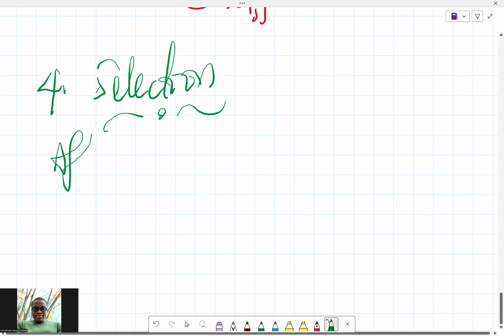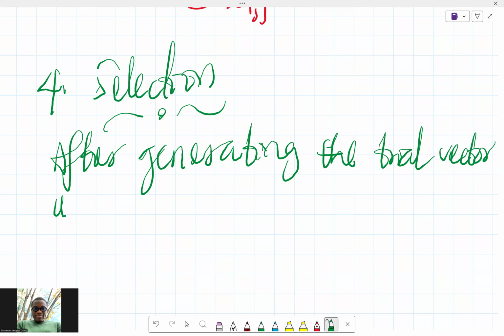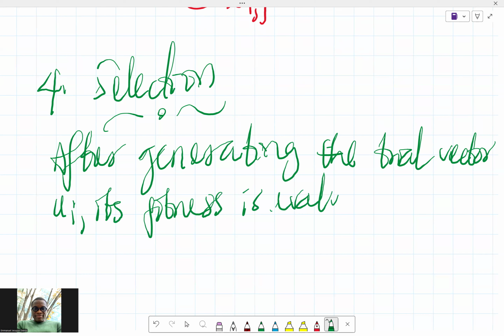So after generating the trial vector ui, its fitness is evaluated. I mean, this is common to almost every evolutionary algorithm method.